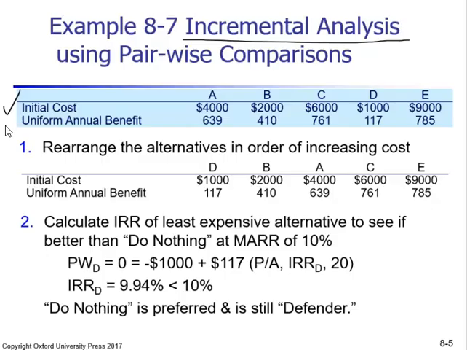Okay. The first step in incremental analysis, as we discussed before, is rearranging the alternatives in order of increasing costs. The same way we did it for the parking permit, where we had one case with 180 as the initial cost and the other 130, and we got this 50 difference as the incremental initial investment.